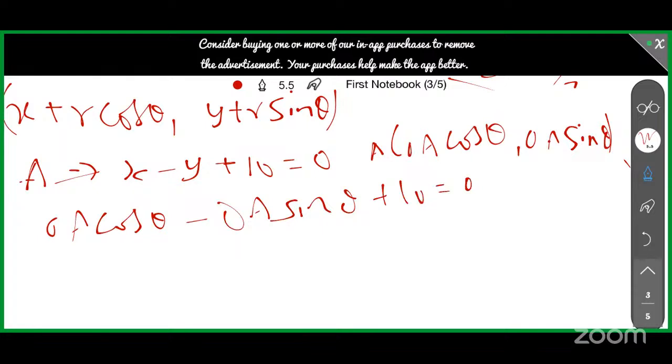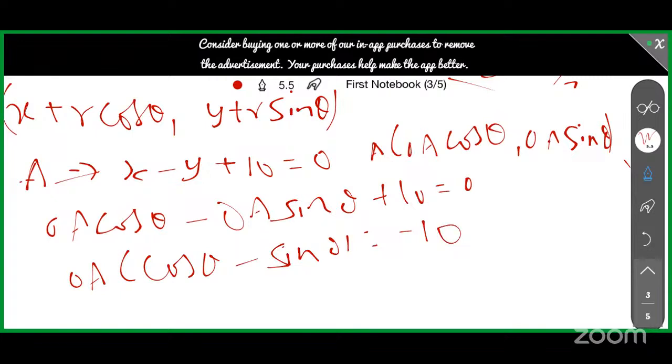Now I have to find the OA value, because they told us at the end that OA, OP, and OB are in HP. So I should find the values of OA, OP, and OB. I simplify this equation and take OA common: OA into (cos theta minus sin theta) is equal to minus 10.